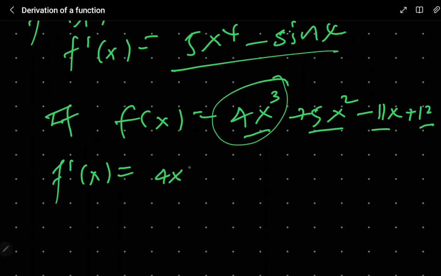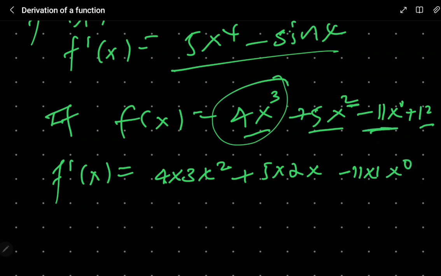So x to the power of 4 times 3 times x to the power of 3 minus 1, that is 2, all right, plus 5 times 2 times x to the power of 2 minus 1, this 2 minus 1 is 1, so minus 11 times, the power is 1 here, 1 times 11, then x to the power of 0, which is a constant.